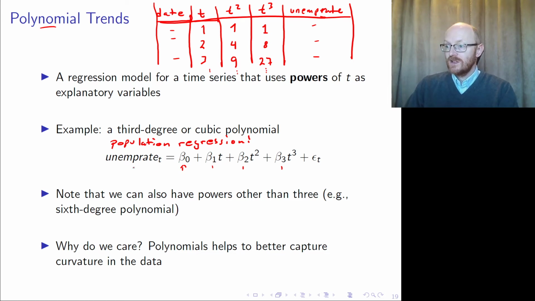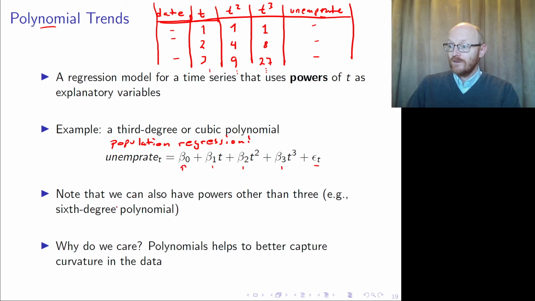Okay, so what we are trying to do is to explain the unemployment rate only by using different powers of time, okay, plus the error, of course.